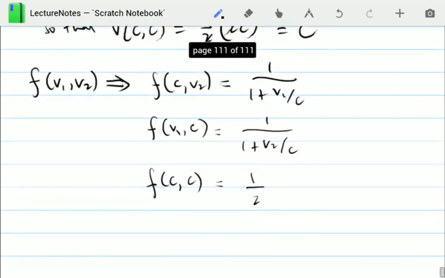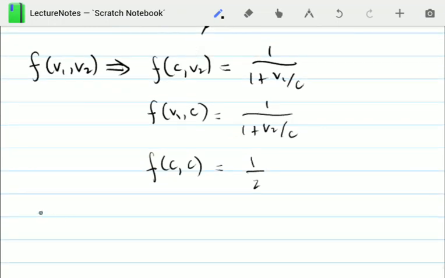If you study those behaviors, it's not difficult to see that a function that could satisfy all of those, when you let the other v equal c, you get this remaining. After a few minutes of reflection, my function should have the following form: 1 over 1 plus v1 v2 over c squared.